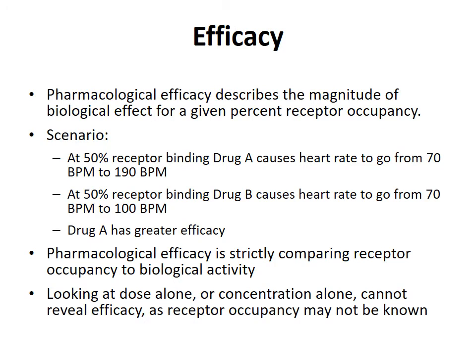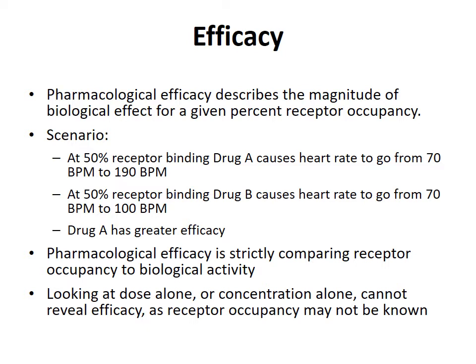The next term that I want to talk about is efficacy. Pharmacological efficacy describes the magnitude of biological effect for a given percent receptor occupancy. It's important to understand that efficacy has a very different meaning in the clinical world, in pharmacy practice, and I wouldn't say one of them is more correct than the other. You just have to clarify which type of efficacy you're talking about.